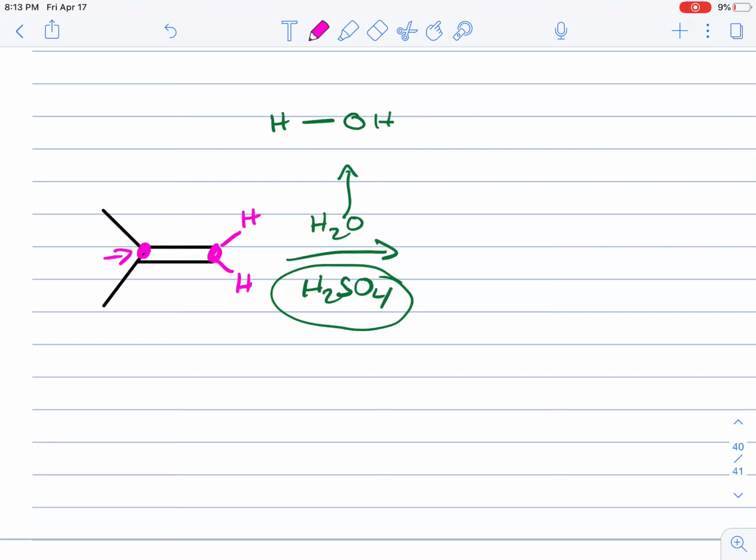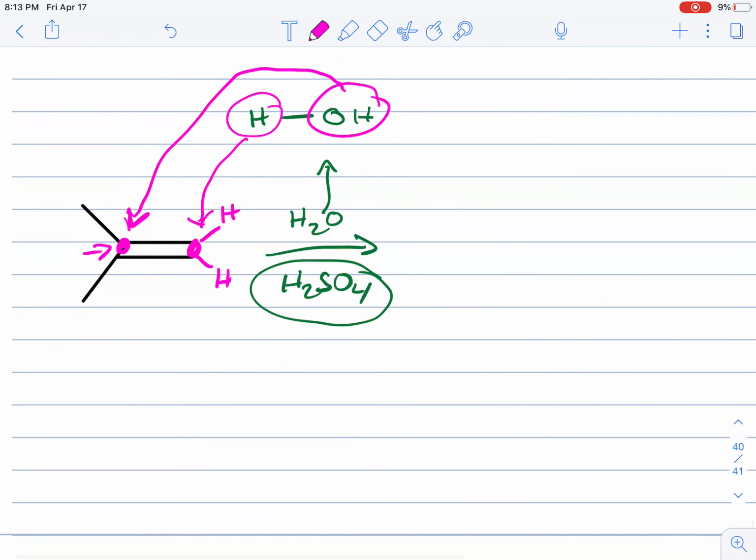And so it looks like since the carbon on the right has more hydrogens, that's where this hydrogen is going to go. This OH is going to go to the side that has the least number of hydrogens. And if I were to draw the final structure, and I'll include both the hydrogens and the OH, then the OH is going to be here, and that hydrogen that we just added is going to go here.